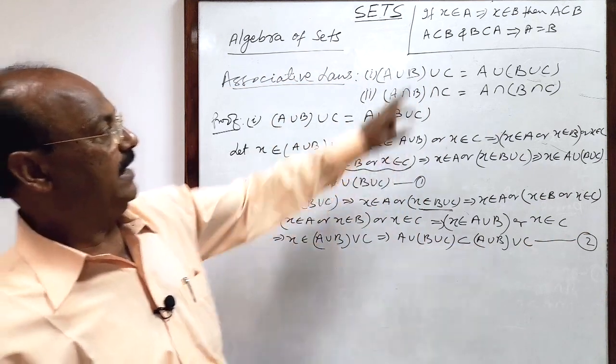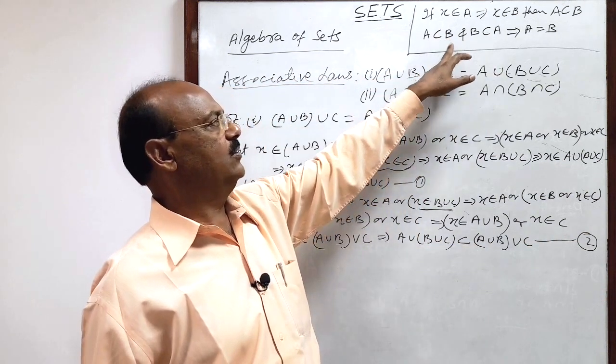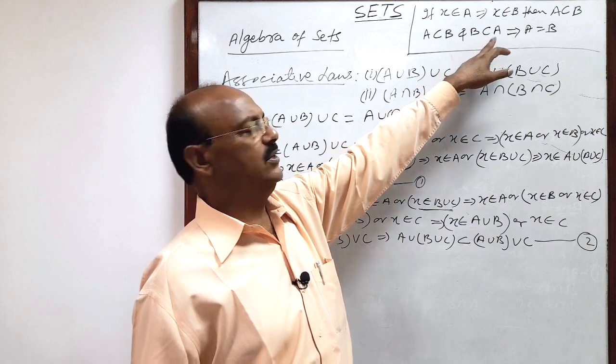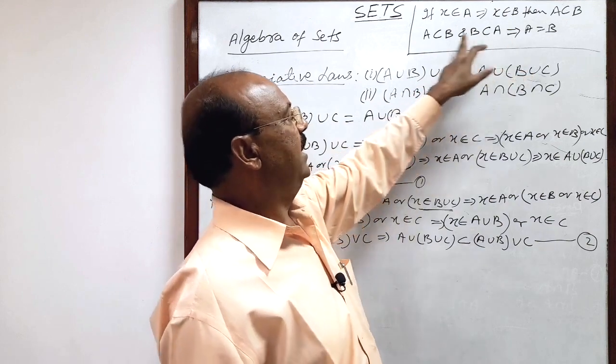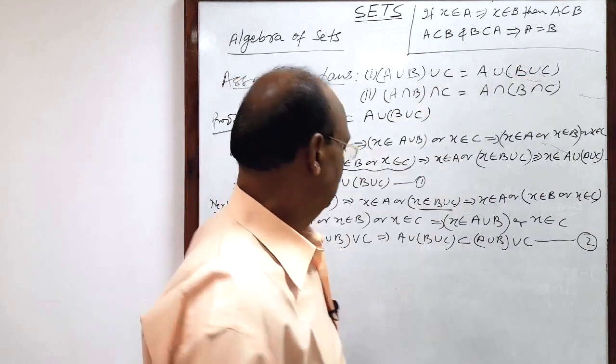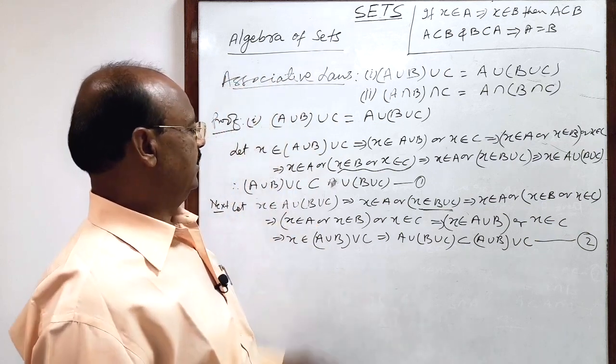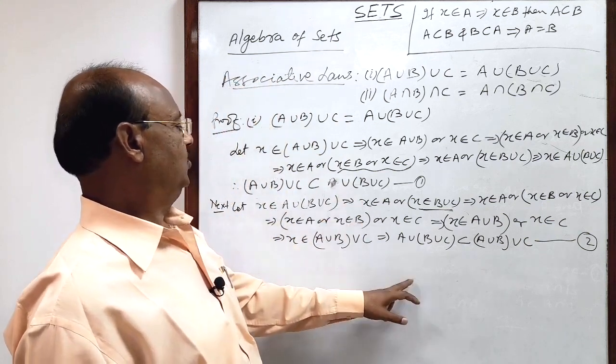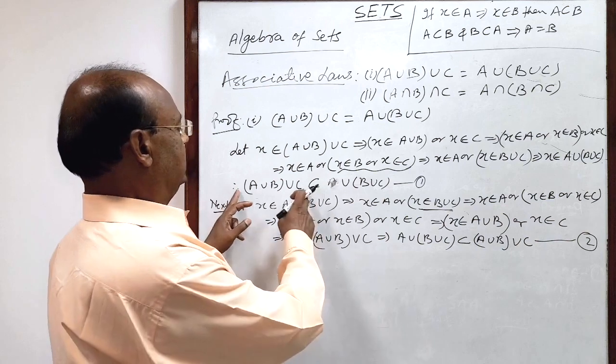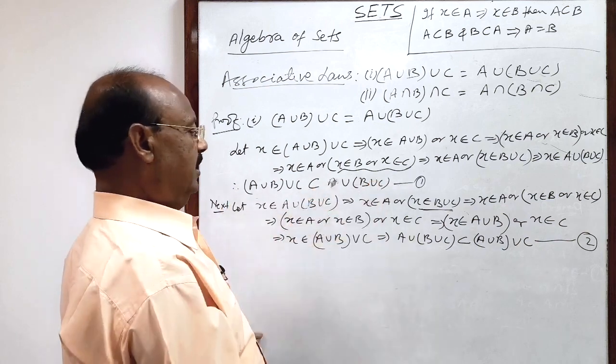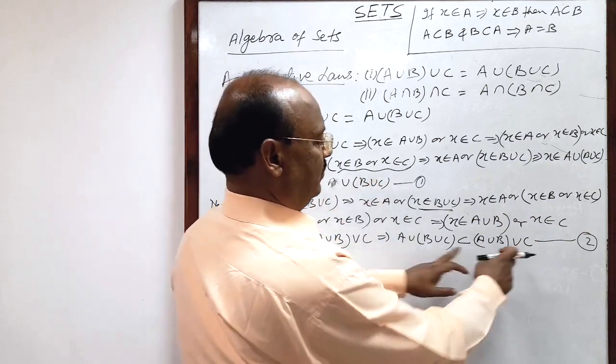Now we can apply this property. If A is a subset of B and B is a subset of A, this implies that A is equal to B. The same thing we are getting in relation number 1 and 2. Here LHS is a subset of RHS. Here RHS is a subset of LHS.